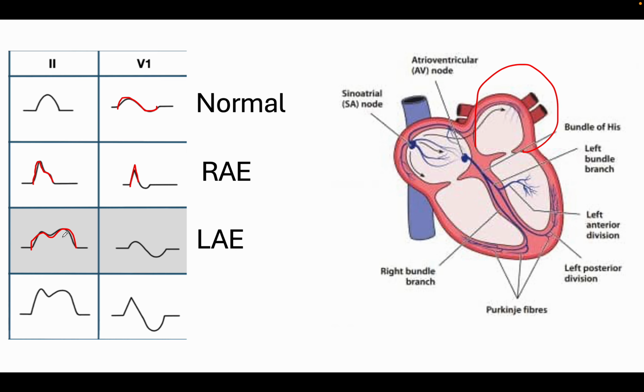And that's what creates that M shape, or that P mitrale shape. And then this last part is if you see coexisting right atrial enlargement and left atrial enlargement together, you would see a big initial spike followed by the classic M shape.